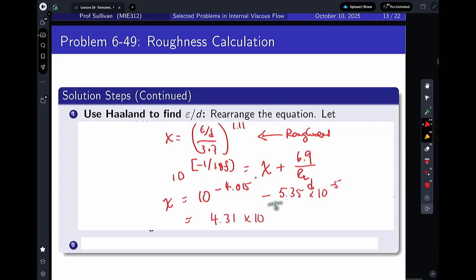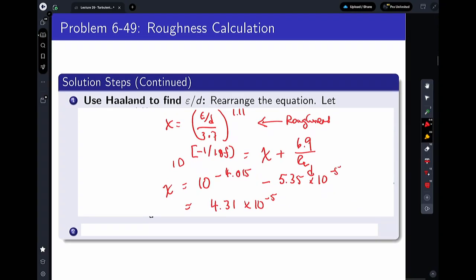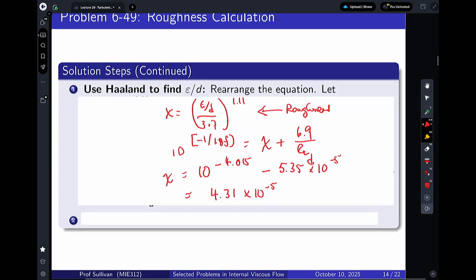Oh, sorry. So x in this case is going to be 4.31 times 10 to the minus 5. Okay, square root f, and f in this particular case 0.0192.